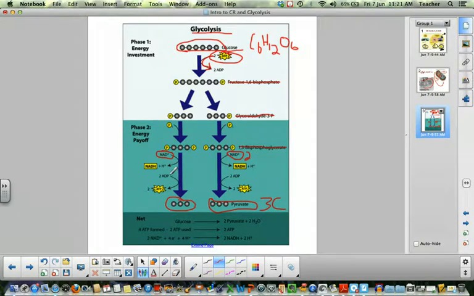Also notice down here, we have 2 plus 2 ADP, so a total of 4 ADP as a reactant. So far we have glucose plus 2 ATP plus 2 NAD+ plus 4 ADP. That's our overall equation so far.